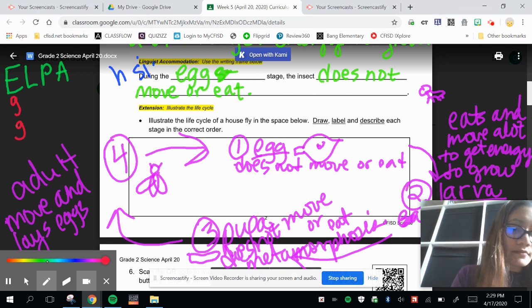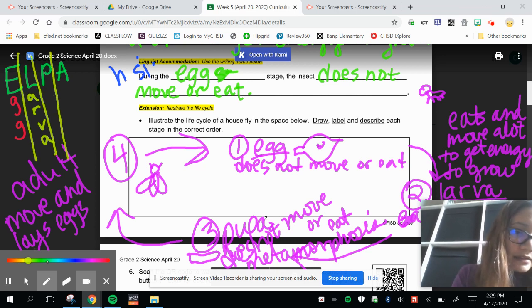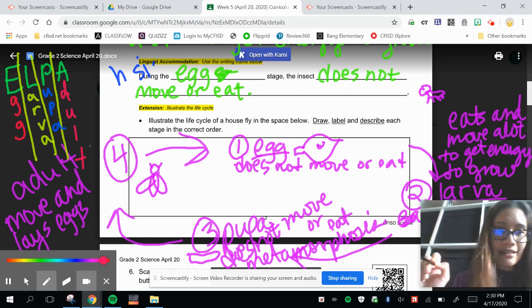Egg, larva, see? And then pupa, then adult.